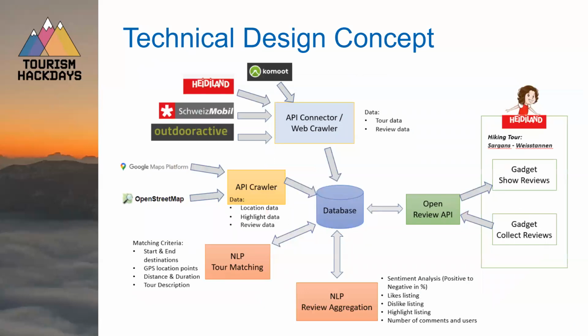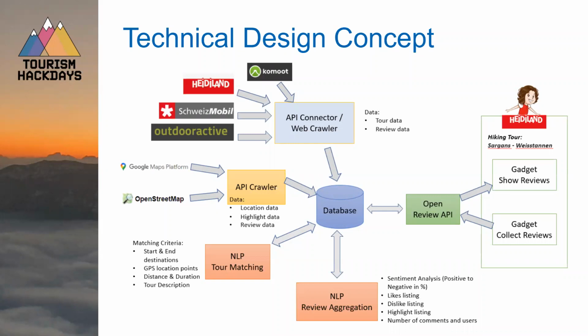Now, who's going to talk is Stu, and then I'm going to talk about the product itself. Yes, actually the plan was to do a little bit of a POC prototype, but because of limited resources, we managed to brainstorm the technical design concept. First we have a central database, which is already there, connected to the Open Review API, which is also already there.